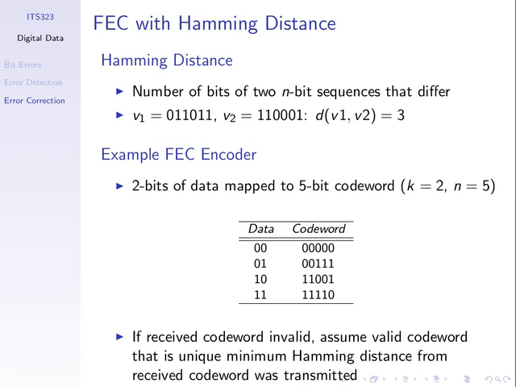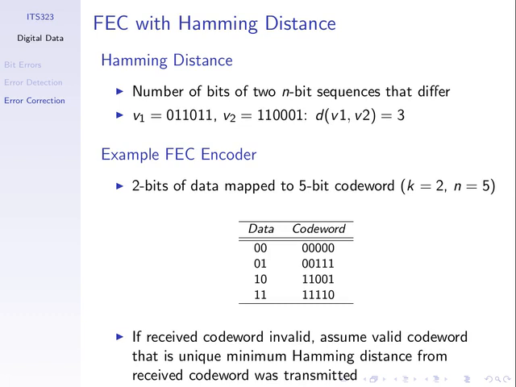If this was the mapping, our encoder, it's not as good as this one because the valid code words are close to each other. The Hamming distance between them is quite small. If we transmit the data 0, 1, we in fact send this code word.